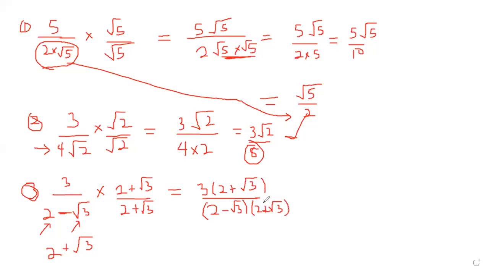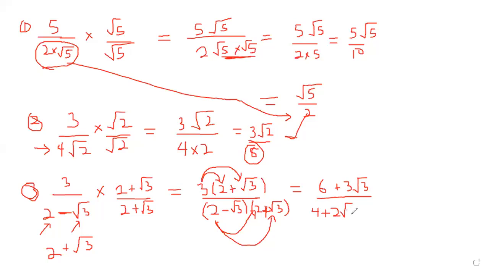So when we expand this, 3 will multiply 2. That will be 6 plus 3 will multiply root 3. That will be 3 root 3, all over 2 will multiply 2 will give us 4. 2 will multiply root 3. You have plus 2 root 3.